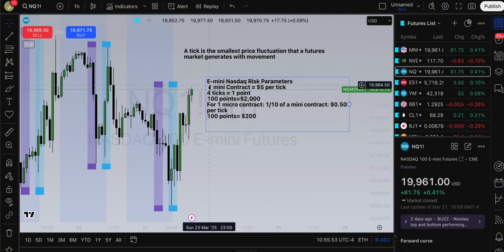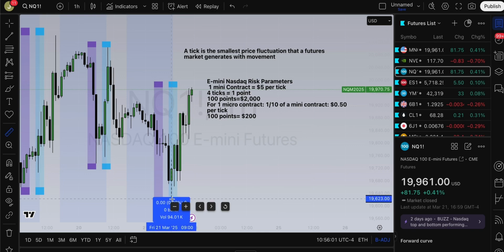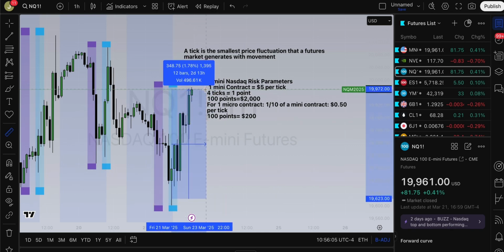And on TradingView, you can also use this measuring tool right here on the side, and you can measure every range. So if you measure from that low to where we closed, this number here on the right side is 1,414 ticks.